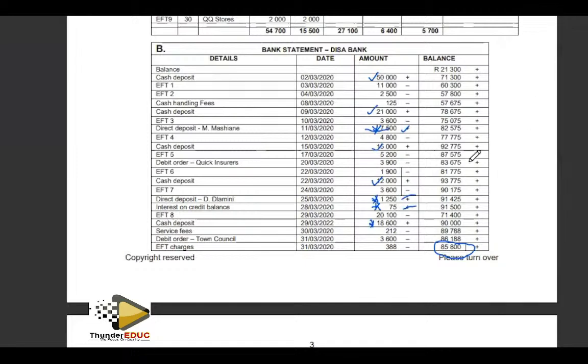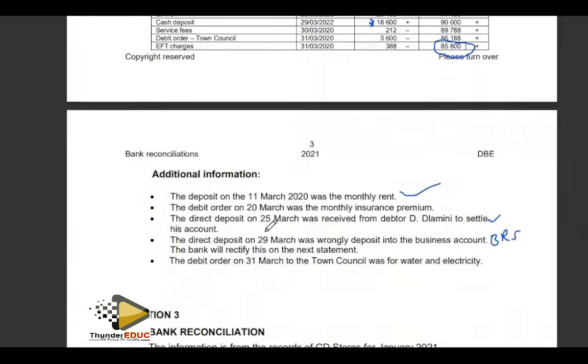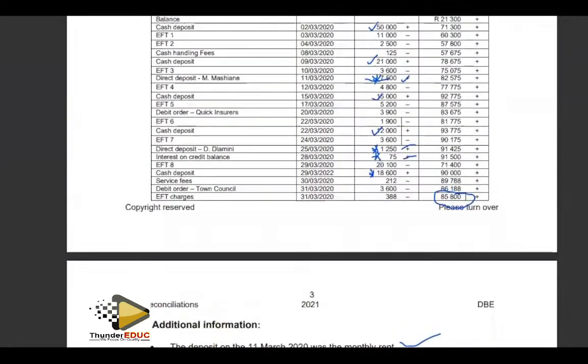If we check the additional information, it was on the 29th of March. They said that the direct deposit on 29th March was wrongly deposited into the business account, okay? So we shall deal with it also on its own line where it's supposed to be.